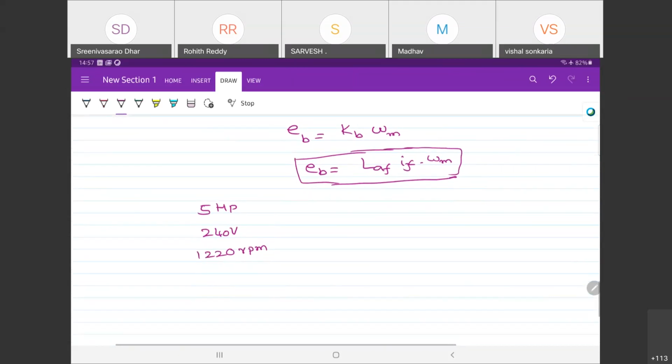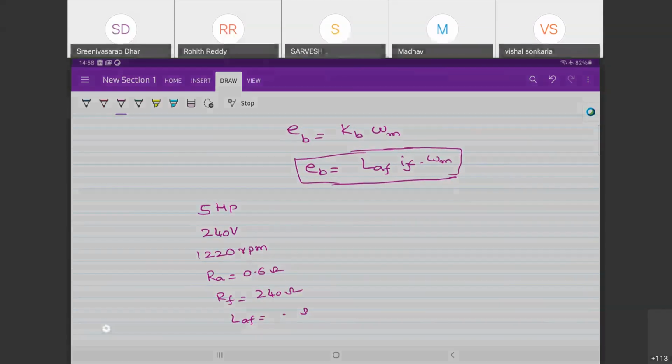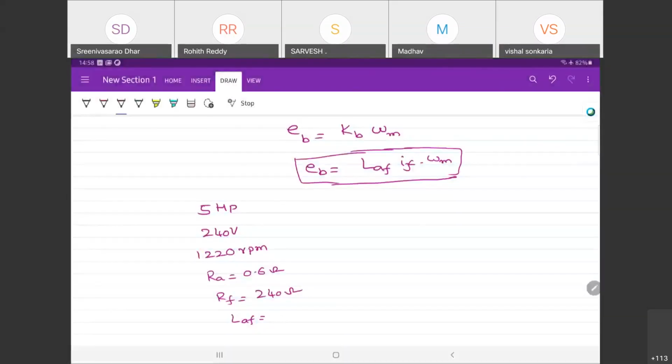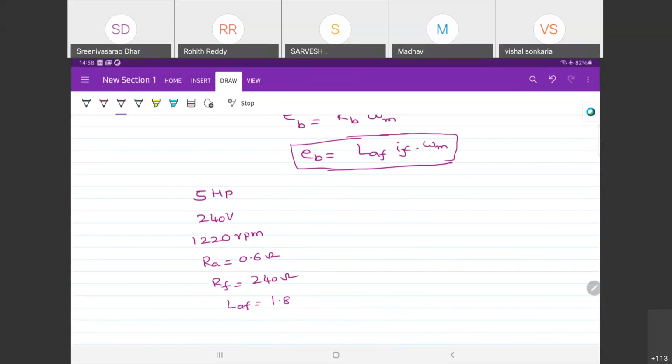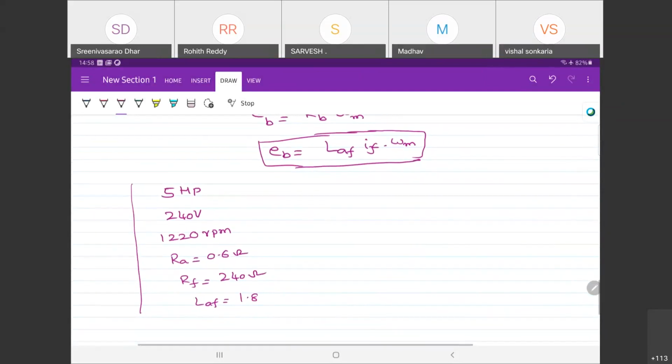Its armature resistance is 0.6 ohm, the field resistance RF is 240 ohm, and this LAF is 1.8. Just consider 1.8. Clear?